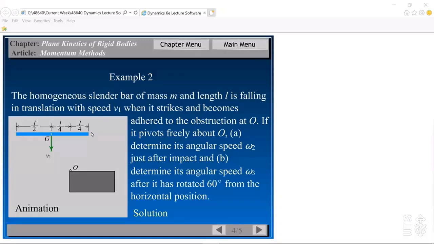In this problem here, there is a slender bar. It's falling down, and it will contact this corner point O, and after that it becomes adhered to this point O, then continue falling down.